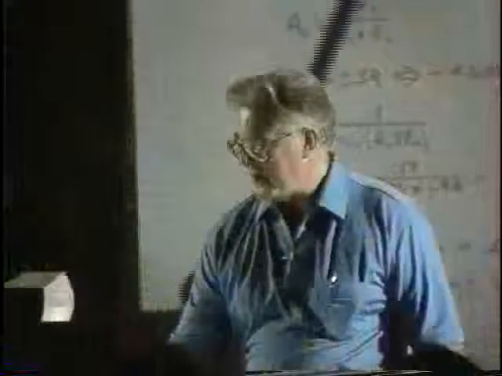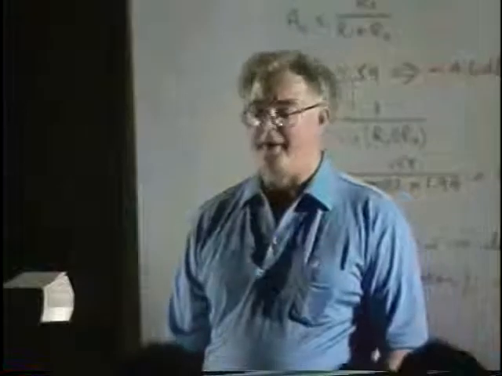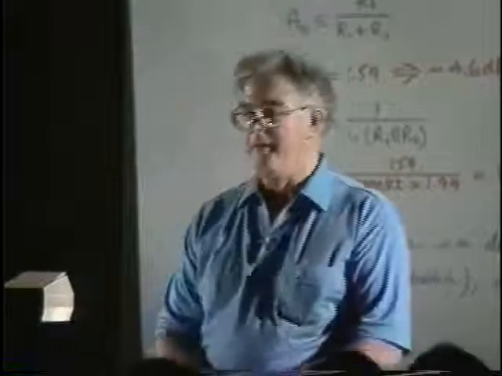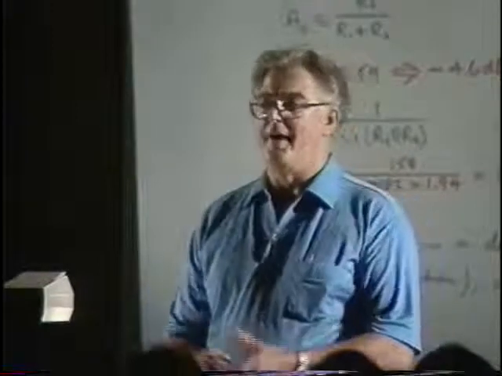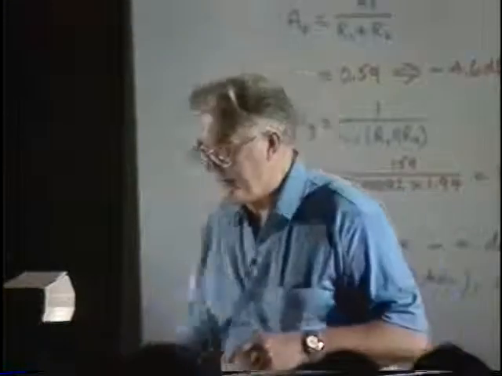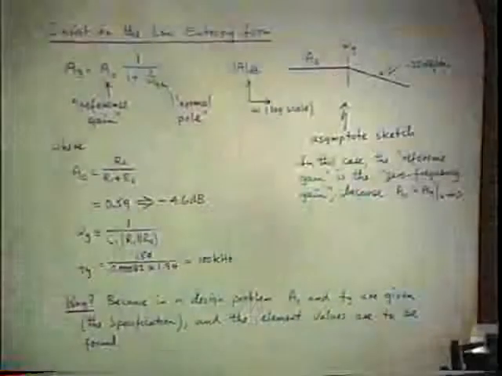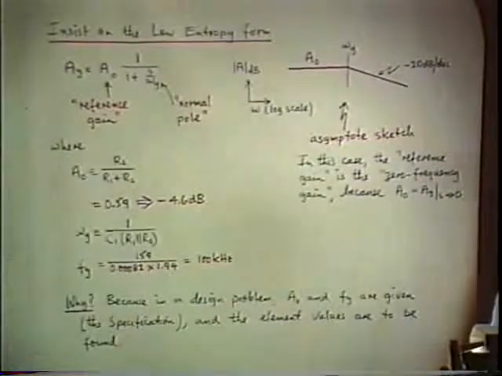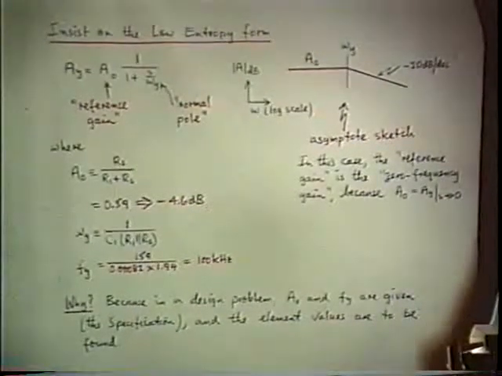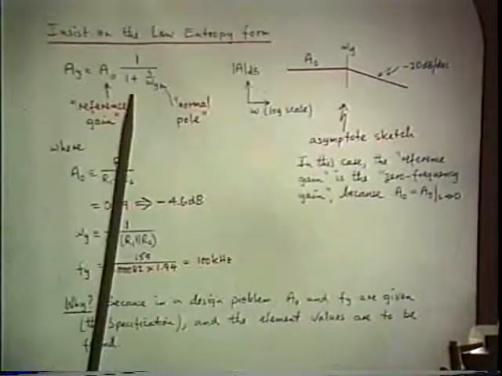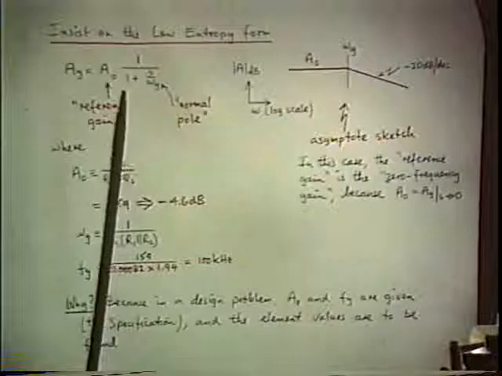In any case, the result ought to be expressed in this format, because now these two parameters, A0 and omega y, are the parameters that describe the shape of the frequency response, and that's the answer you're interested in. If you plot that in the usual asymptote format of dB versus log frequency, which of course is really a double log scale, you get the usual result of this function, which is a single pole function.